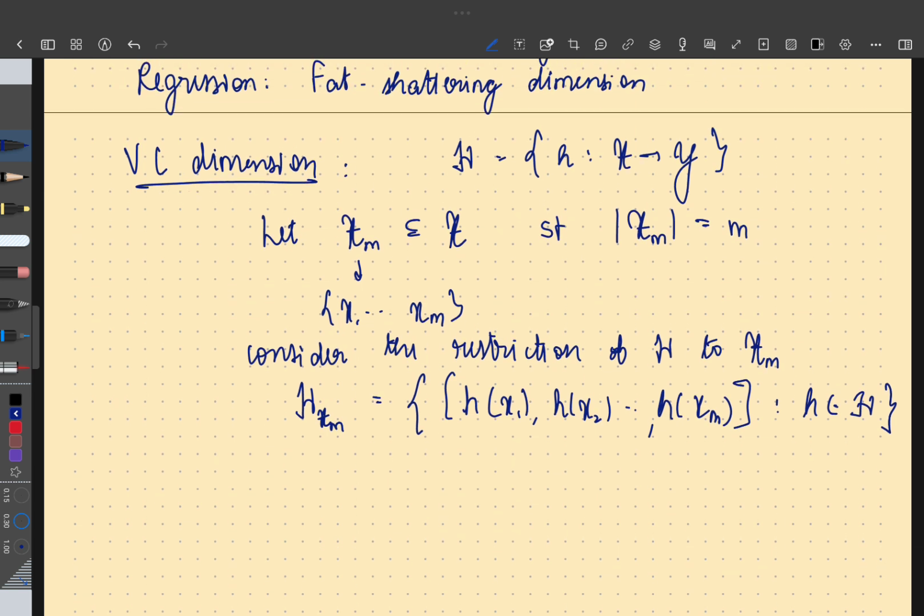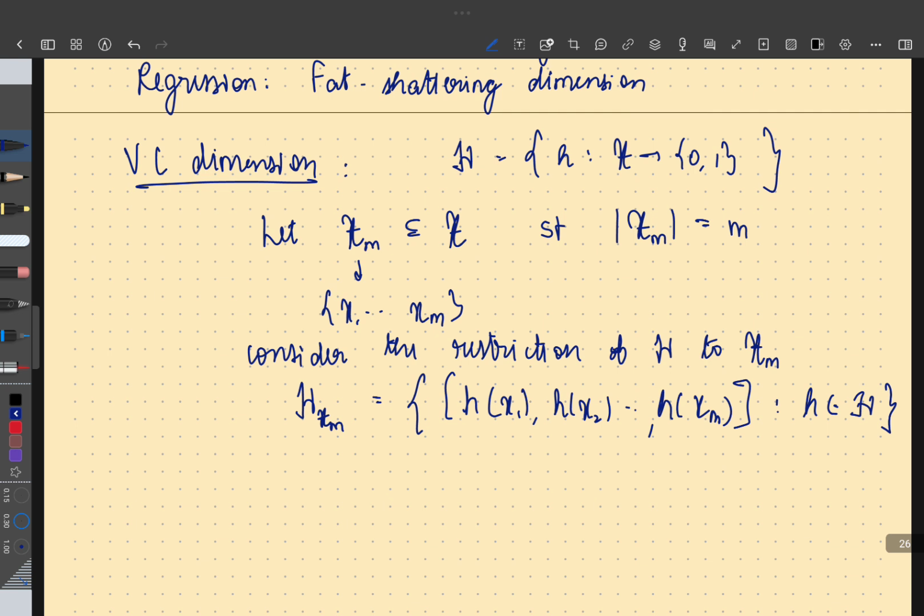Okay. Now again, maybe let me be a little more precise over here. When I say VC dimension, we're explicitly talking about the binary classification problem. So I'm only looking at functions from X to {0, 1}. Now the hypothesis class could be as large as you want.